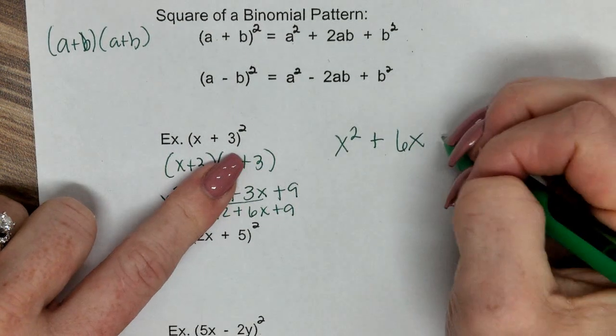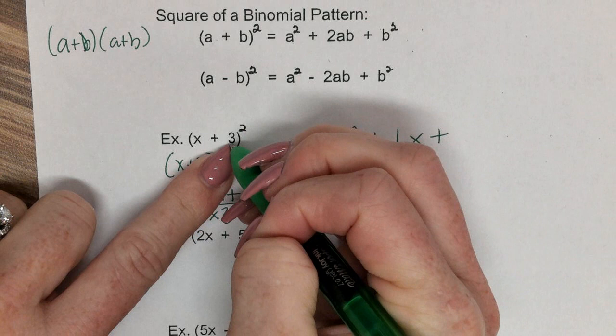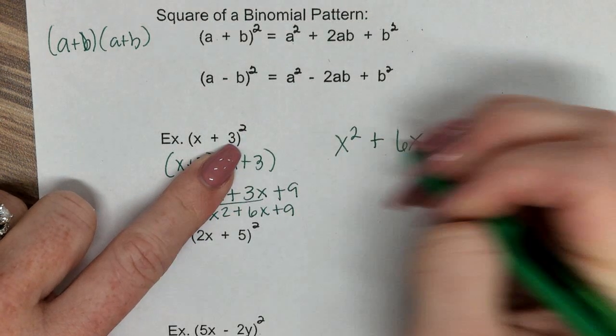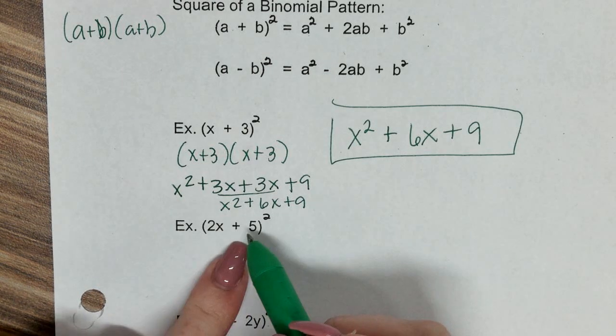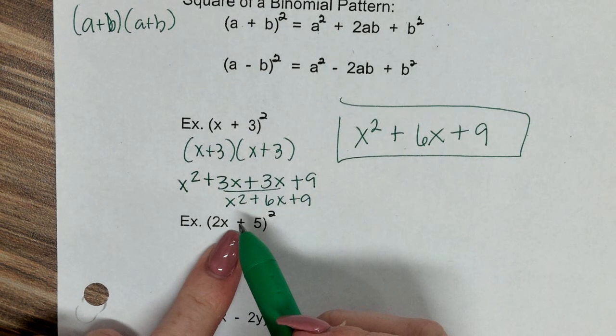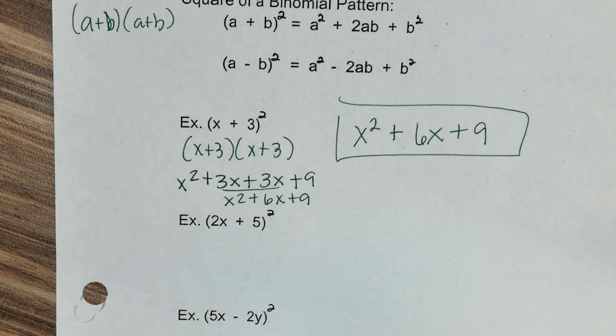And then do a plus sign and do the last term squared. 3 squared is 9. So basically I could do this without showing all that work. If you want to do it the long way, I really don't care. You can. Okay, let's do this one. Do you want to do it the long way or the shortcut way? We'll do it the long way, then we'll do it the shortcut way.